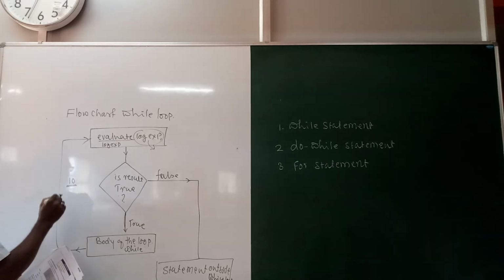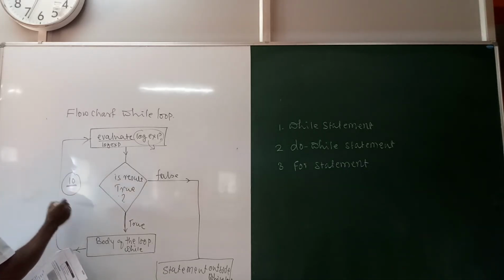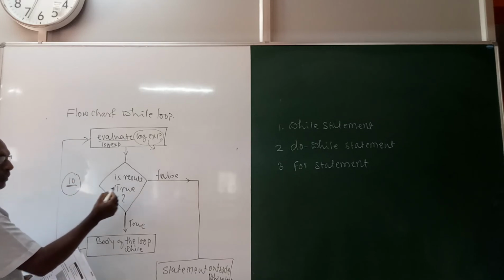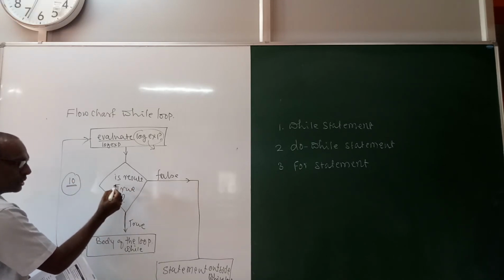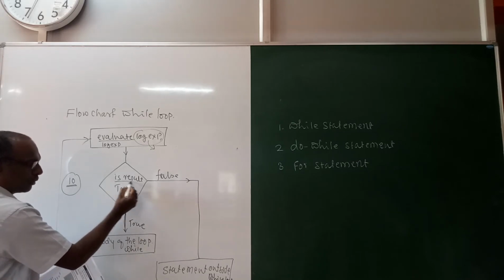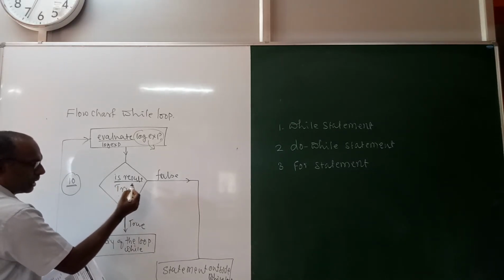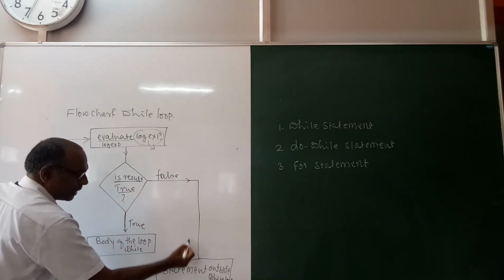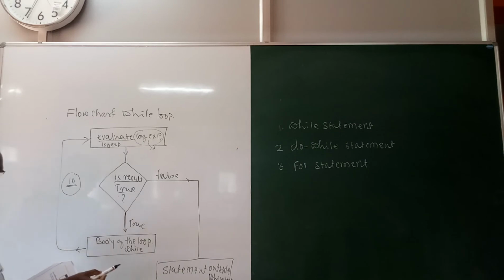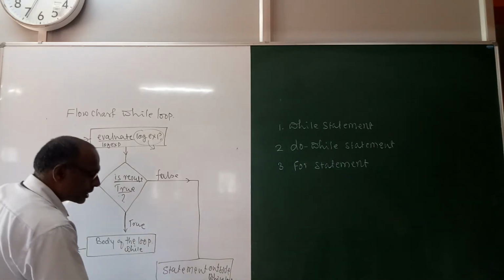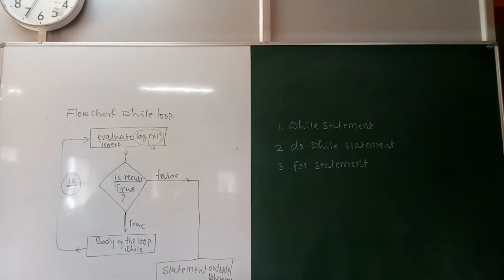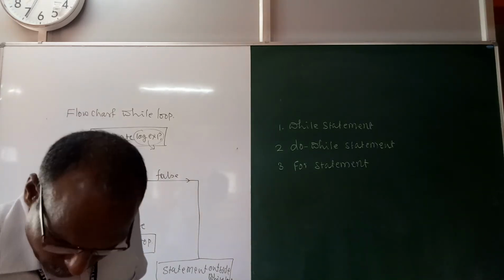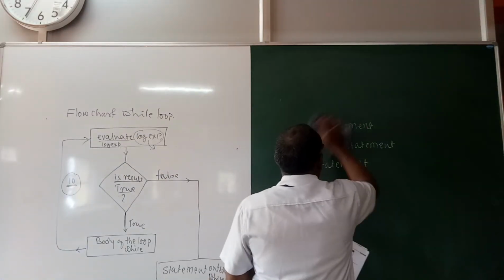Say this loop executes 10 times, and at the 11th pass the result of the logical expression will change, that is, it moves from true to false, and then it will come out of that loop and go to the next statement of the program, or the next statement outside the loop. Let us write a simple program based on this and see how it works.